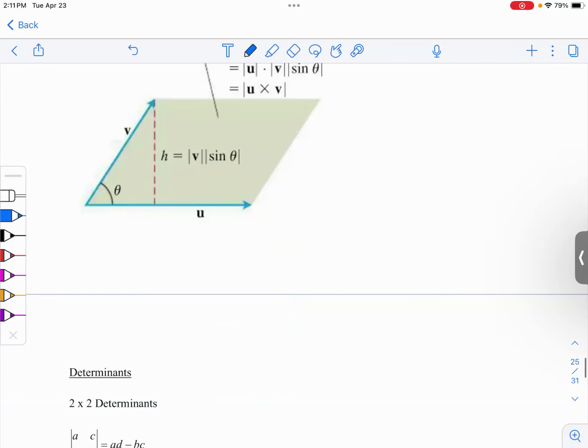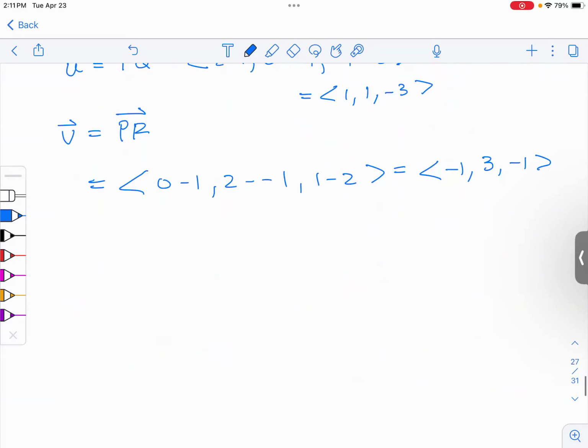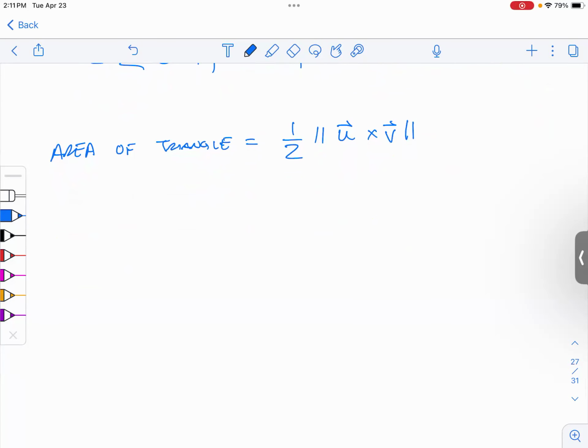So I can expand that formula, and basically, since I want the area of a triangle, that is 1/2 the magnitude of U cross V. That means I need to do U cross V.